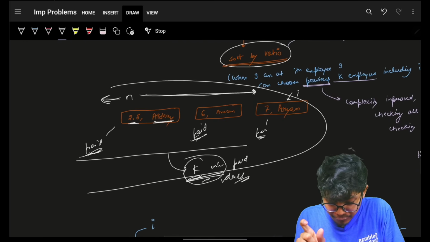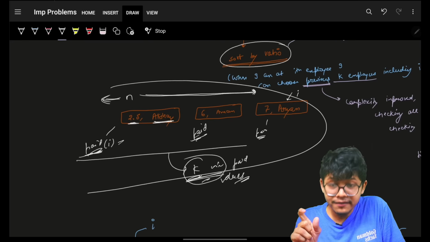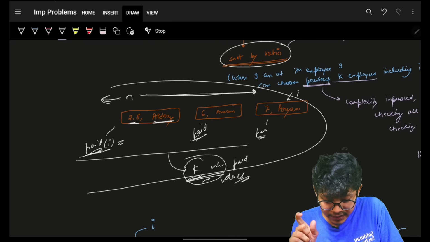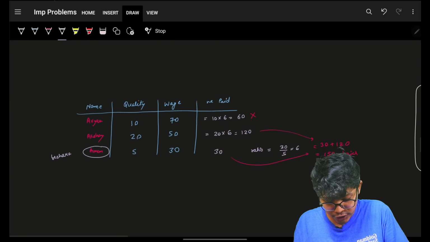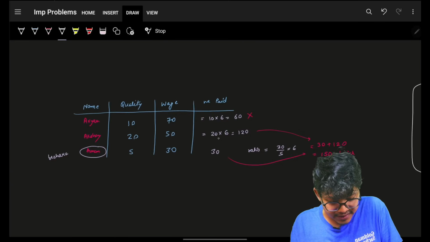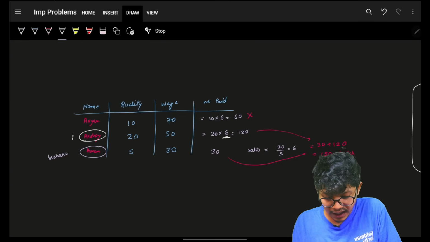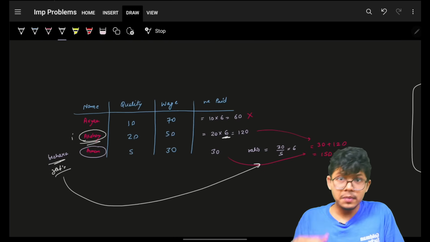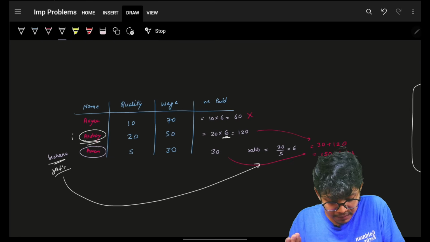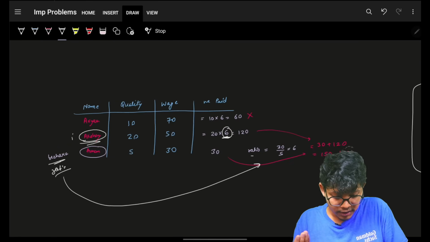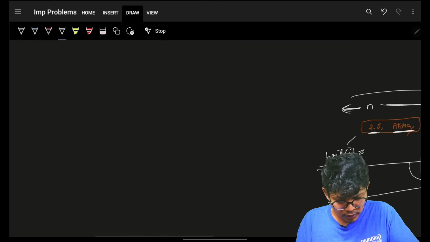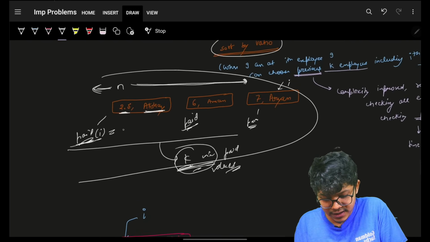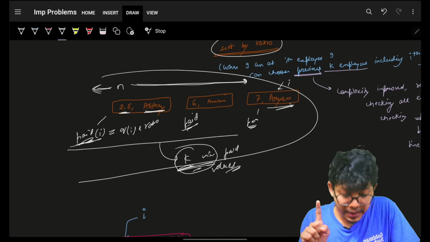But again, if you remember, the paid of I is the ratio multiplied by the quality of I. Bechara computes the ratio, and for anyone else, the pay is the ratio multiplied by their quality. So I know for sure the paid of I is quality of I multiplied by ratio, and this ratio is based on bechara, which is Aryan.